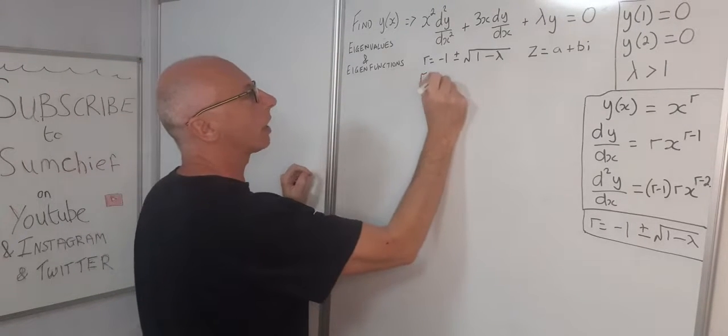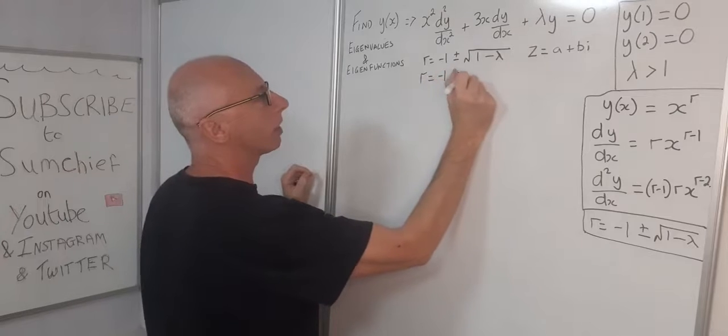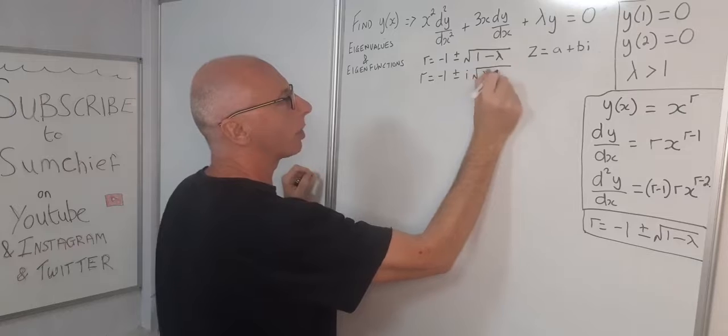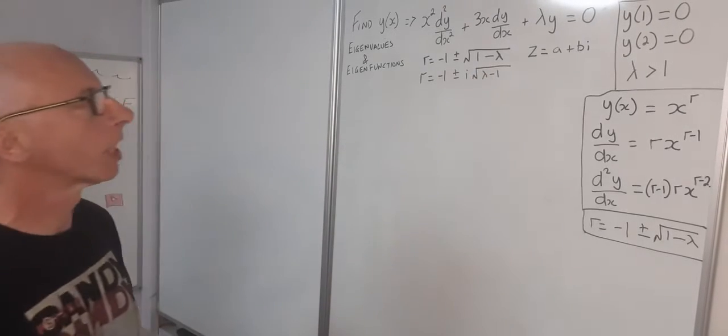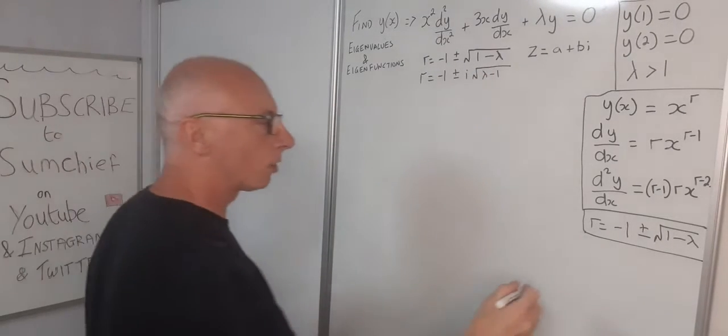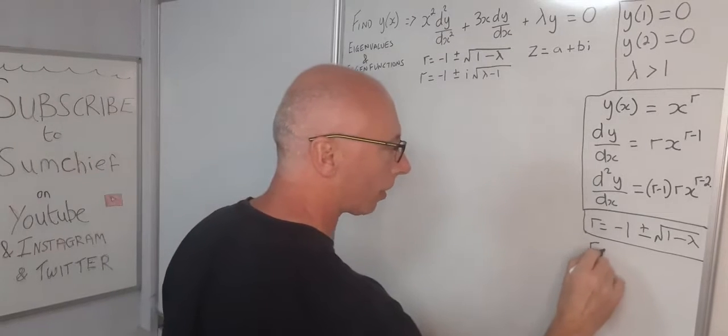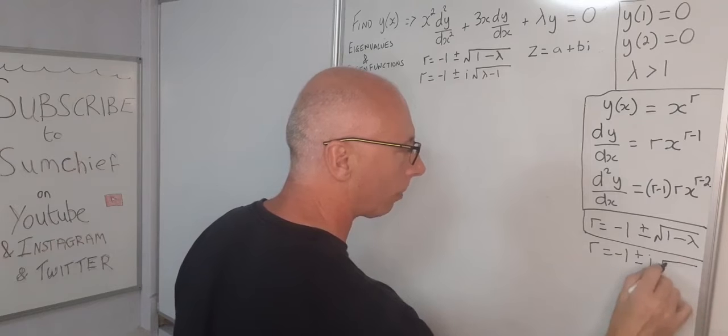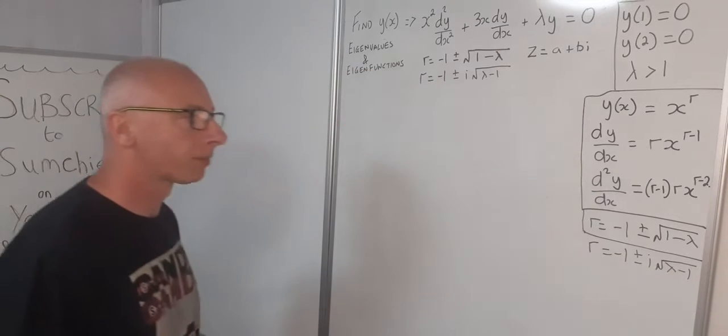So now we've got r equals minus 1 plus or minus i times the square root of lambda minus 1. So that then gives us our new value for our r, sorry. Minus 1 plus or minus i times the square root of lambda minus 1.